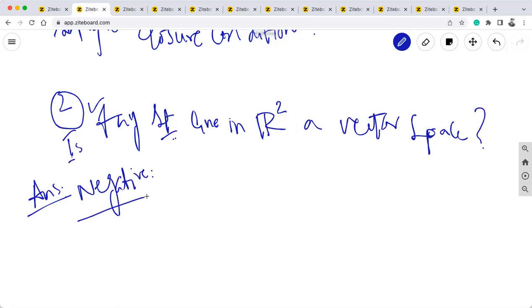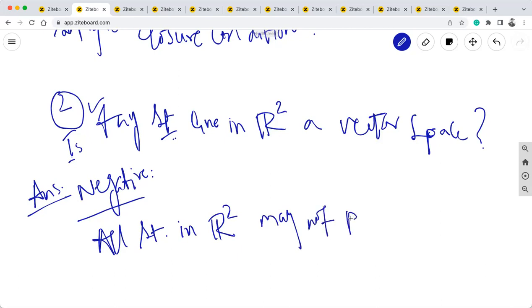Why? Only the straight lines passing through the origin. All straight lines in R2 may not pass through the origin.